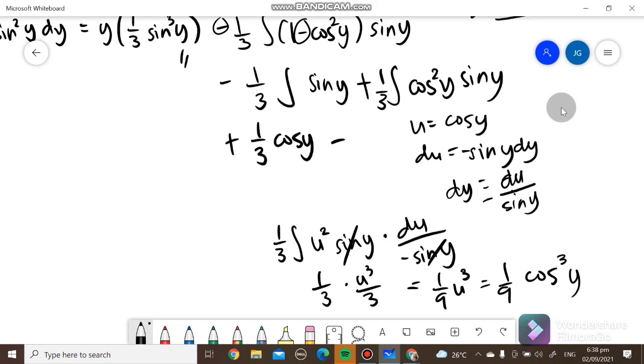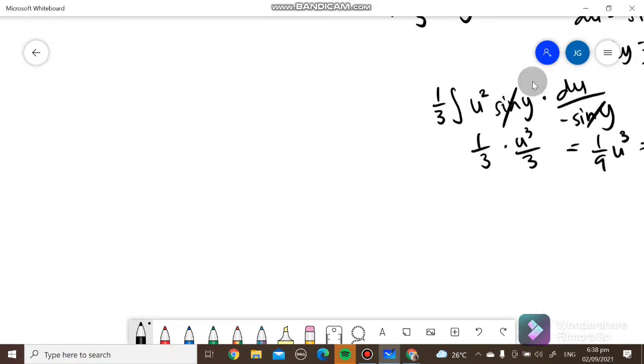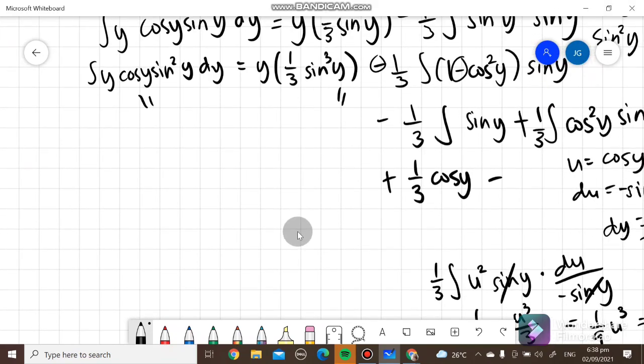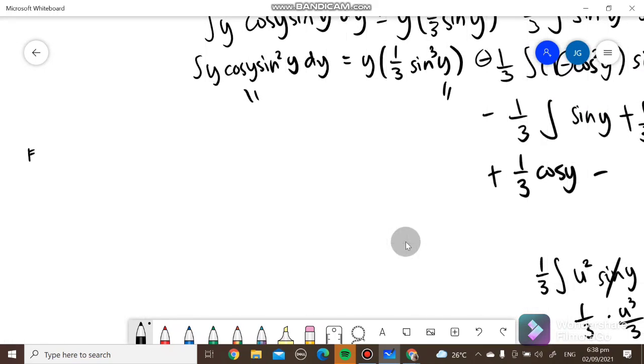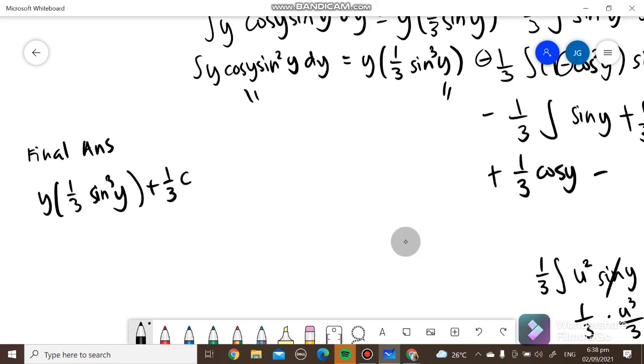Okay, so let's put together the answers we obtained. We will have the final answer of y times 1/3 sine cube y plus 1/3 cosine y minus 1 over 9 cosine cube y plus c.